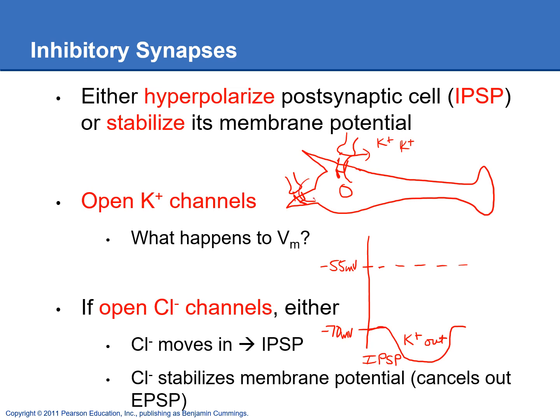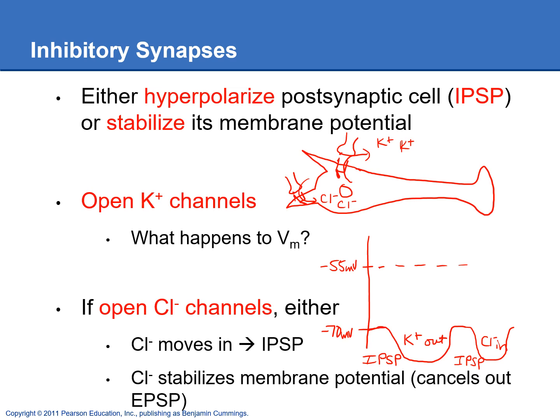So chloride ions would move into the cell. And what does that do to the membrane potential? So again, we're going to hyperpolarize it, and that would create another IPSP. Okay.